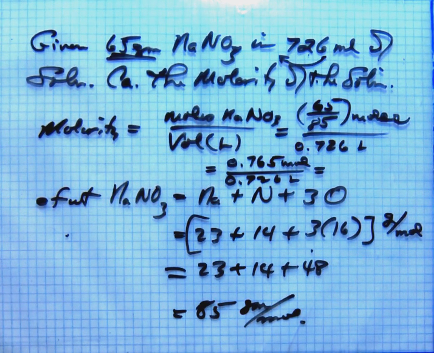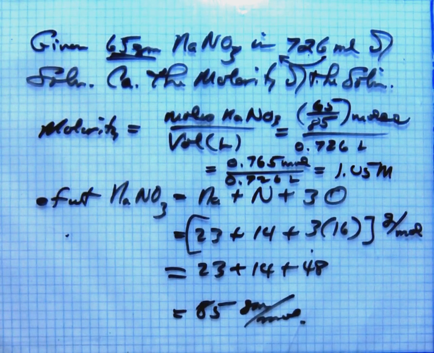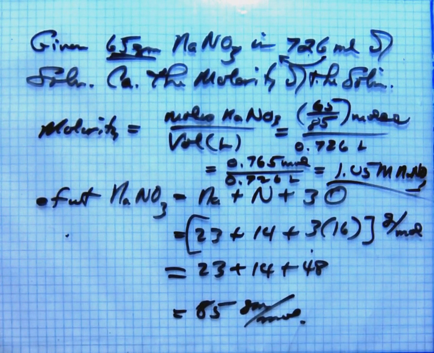And I got a 1.05 molar sodium nitrate solution. So now you can take mass, dissolve it in the solution, and given the volume, figure the molarity. Make up your own solutions when you get home. Send me a note and I'll make up some for you if you don't want to use your brain. Okay.